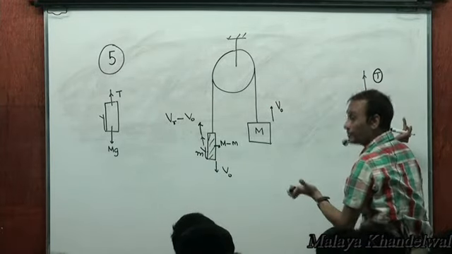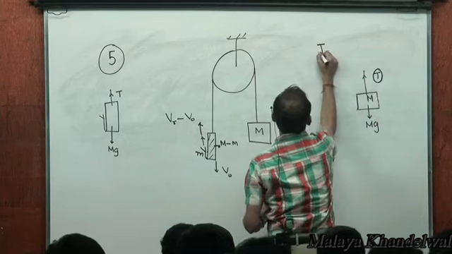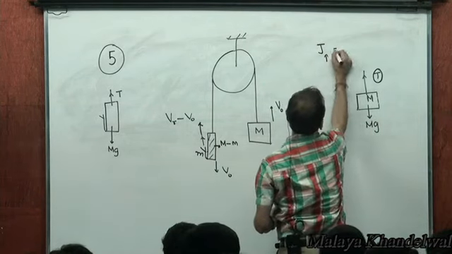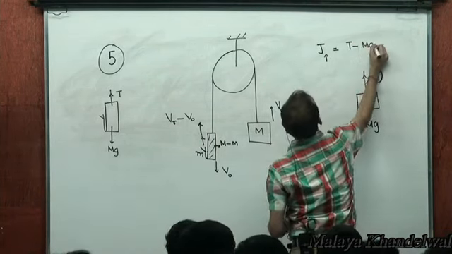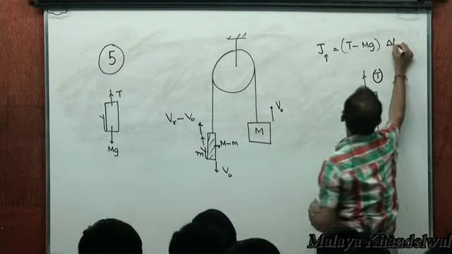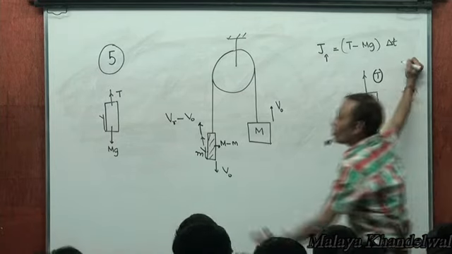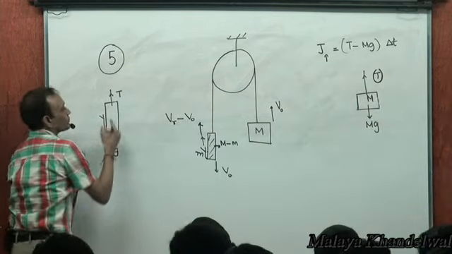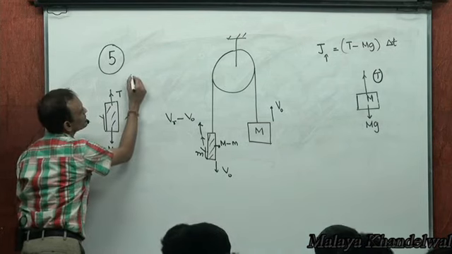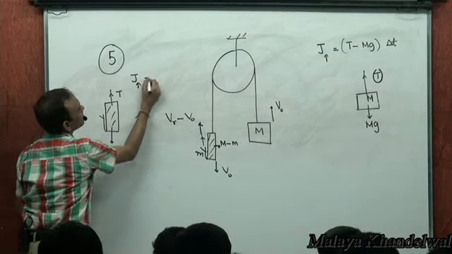Why? Because in a small time delta t, what's the upward impulse that acts on this? T minus mg into delta t is the vertical impulse that acts on this, isn't it? In the same time, on the ladder-man combination, what's the vertical impulse acting?